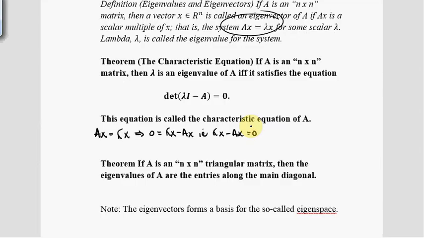Now what I want to do here is right multiplication of x. So this is lambda times the identity minus A times x is equal to 0. I take the determinant, set it equal to 0.